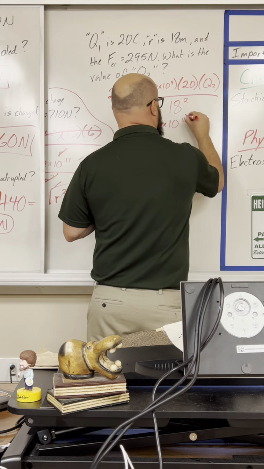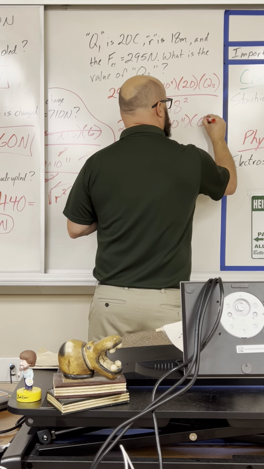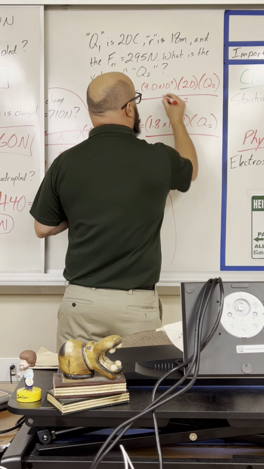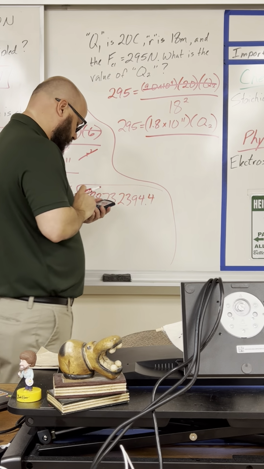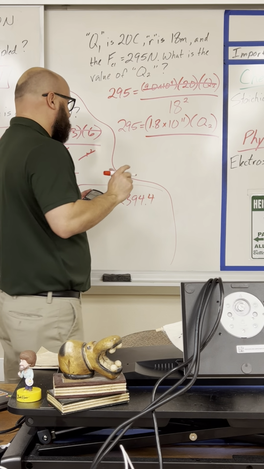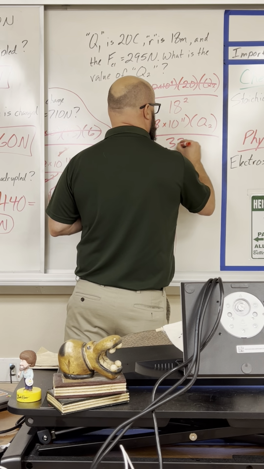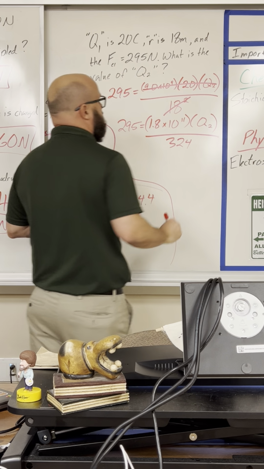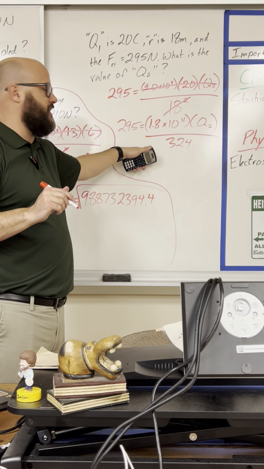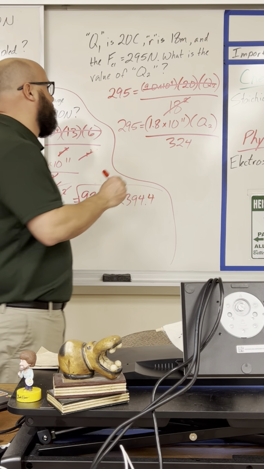And then don't forget we have that still times Q2. 18 squared, 324. Now we're trying to get Q by itself, so we got to get rid of this denominator. Multiply both sides by 324.